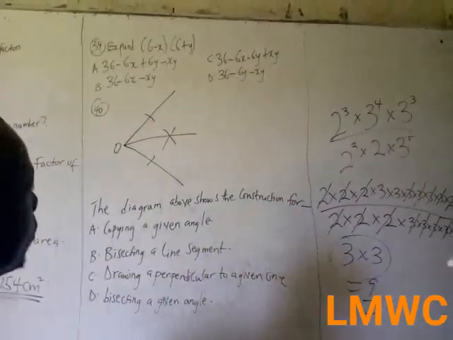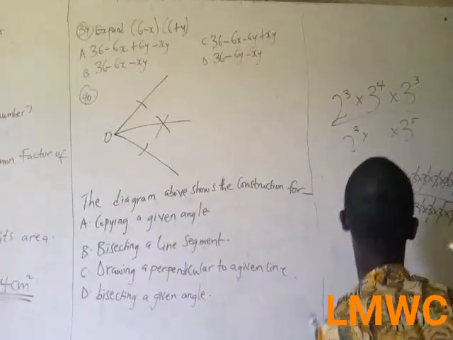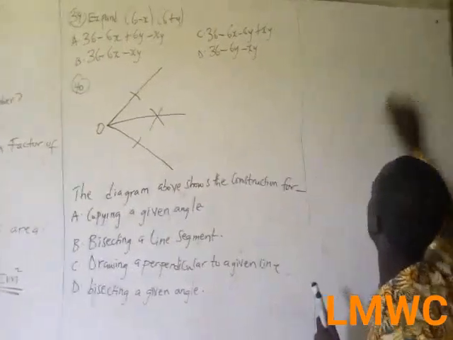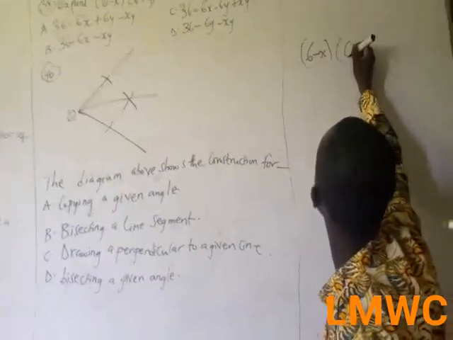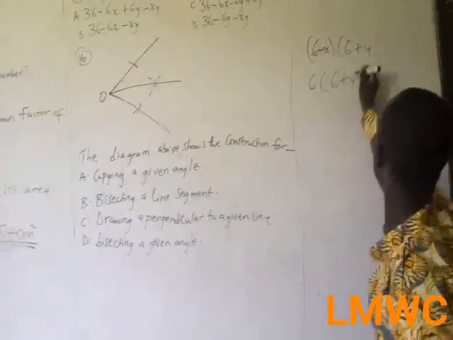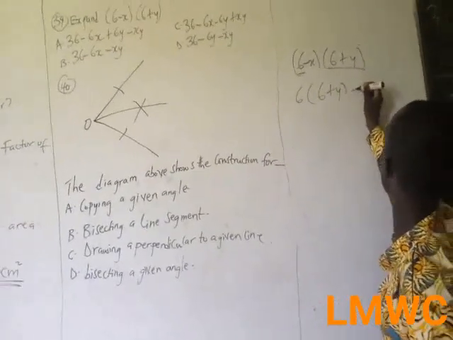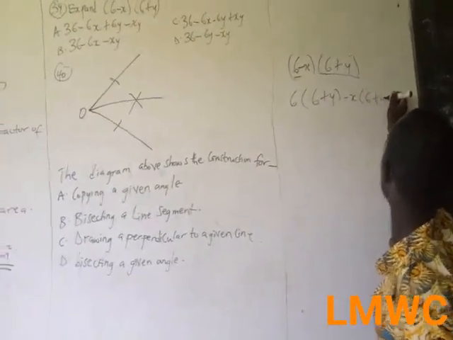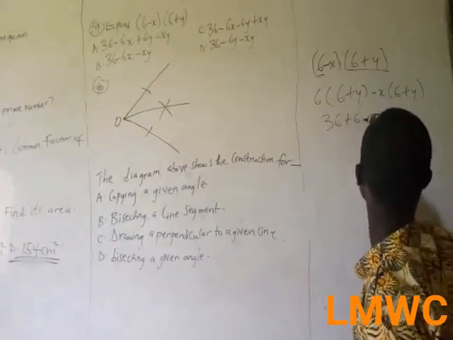Question 39. Expand 6 minus x, another bracket, 6 plus y. You have been asked to expand this. So 6 minus x, 6 plus y. This will multiply this, and this too will multiply this. 6 times 6 is 36, plus 6y.